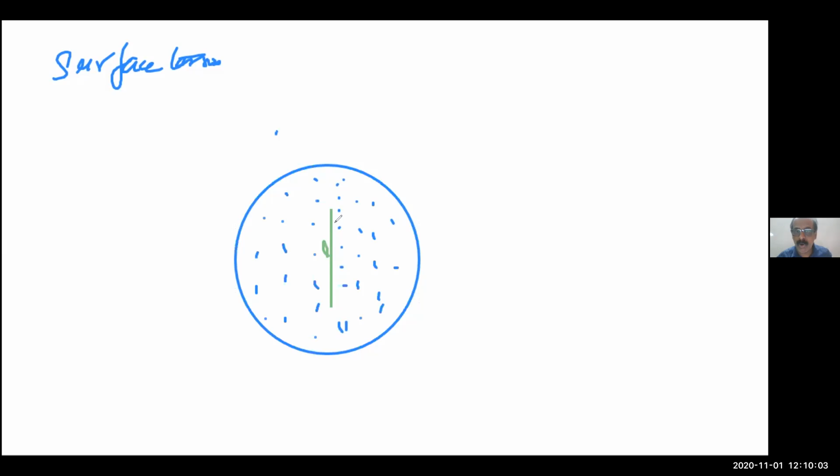Now these molecules are being pulled to this side. Here also molecules have a contracting tendency. Everywhere molecules are trying to contract, isn't it?